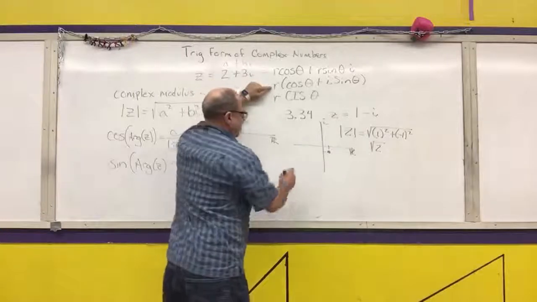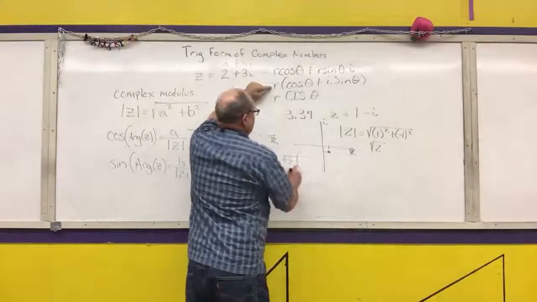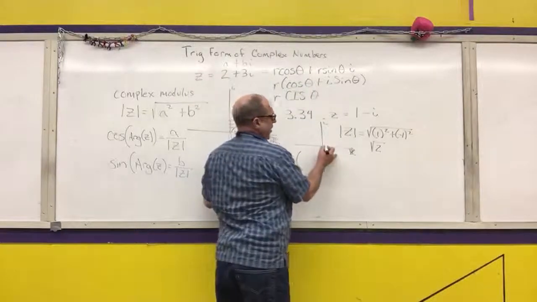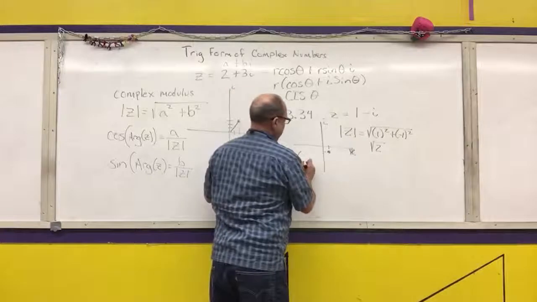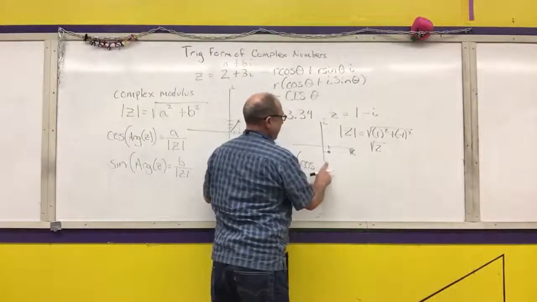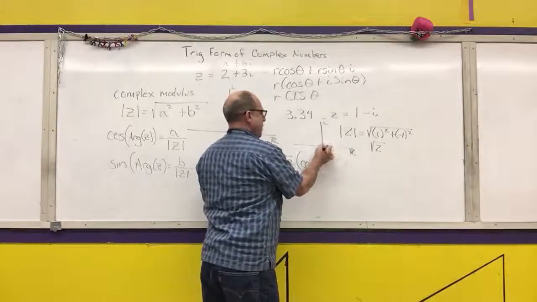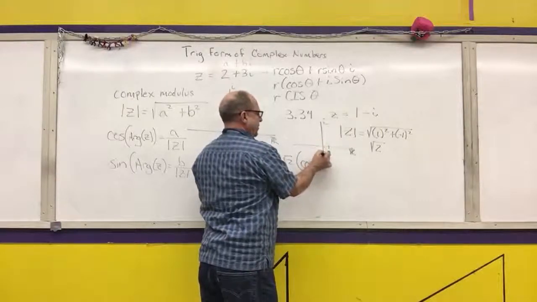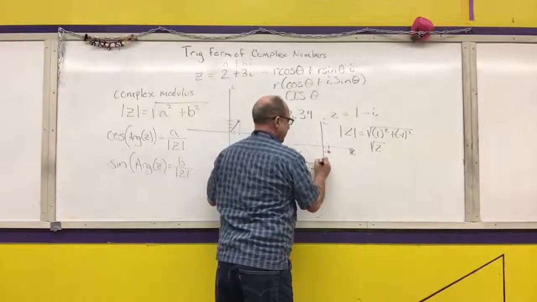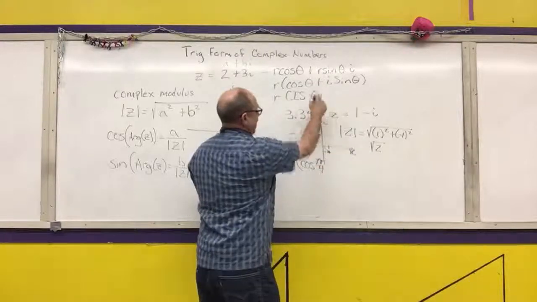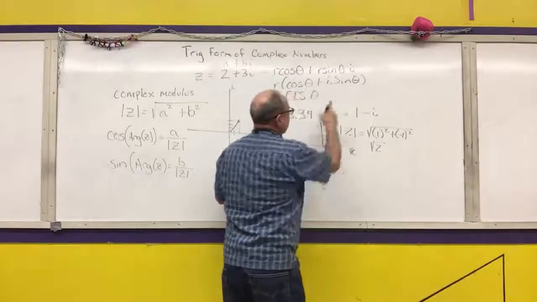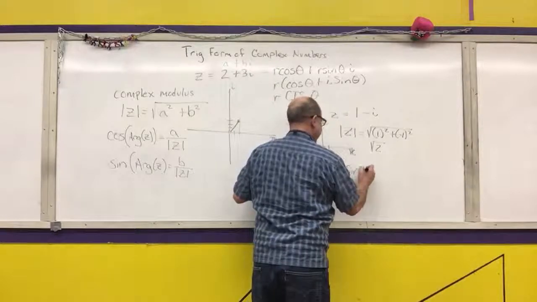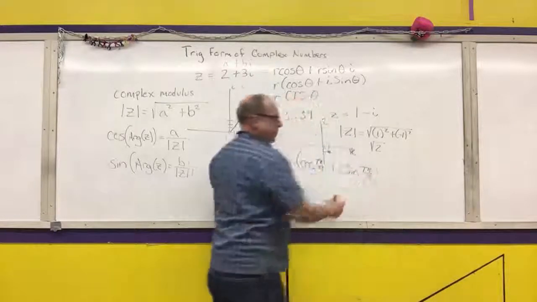So my r is the square root of 2, and the cosine of theta, where theta is 1 pi fourth, 2 pi fourths, 3 pi fourths, 4 pi fourths, 5 pi fourths, 6 pi fourths, 7 pi fourths, plus i sine theta, and that would be 7 pi fourths.